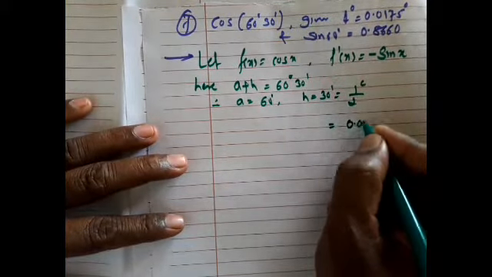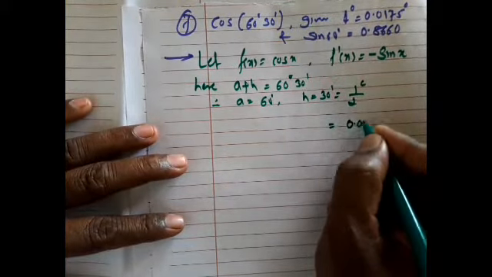So this is h, this is A. Therefore, f of A, that is f of 60 degrees, that is cos 60, is 0.5, that is half, and f dash A, that is minus sine 60 degrees, it is minus 0.8660. This is given.